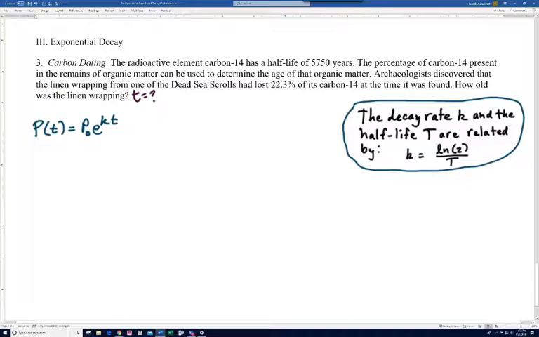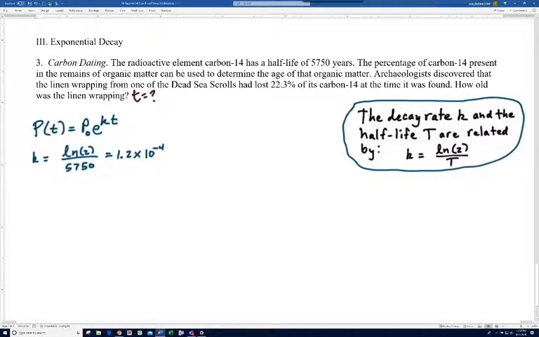The decay rate k and the half-life T are related by k equals the natural log of 2 over T. And so let's go ahead and find k for our situation. So k is the natural log of 2 divided by the half-life, which we said was 5,750 years.